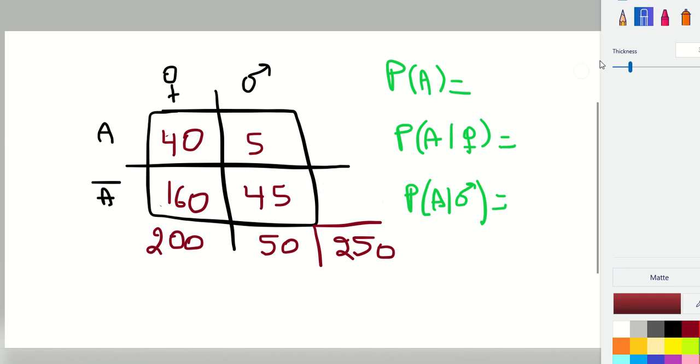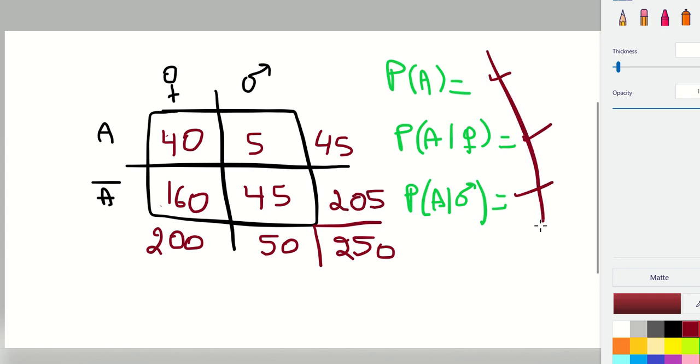Now recalculate these probabilities. So this is now 45, and this is 205. Now calculate this and this and that, and you will see they're not equal. And therefore, in that scenario, we can say that gender and grades are dependent. They are dependent. Okay? So that's an example of independent and dependent.